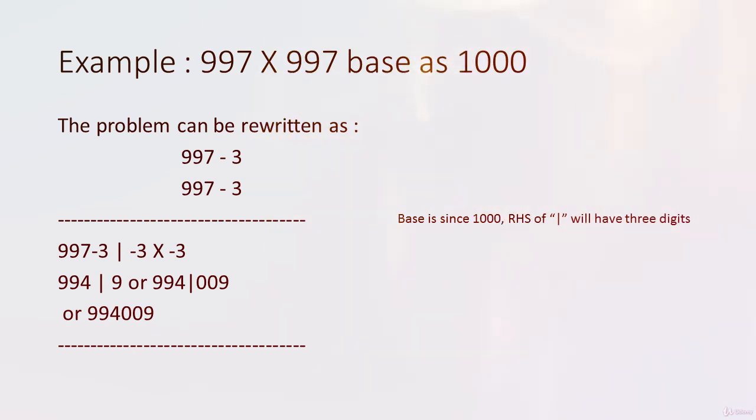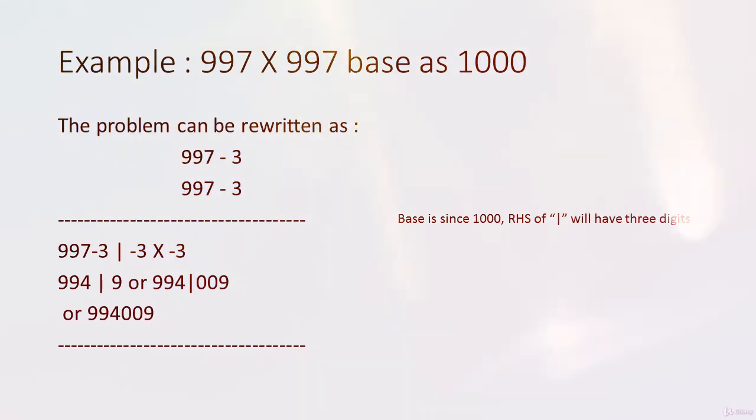We do one last example, that is 997 multiplied by 997. Both these numbers are short of the base 1000. 997 multiplied by 997 and the base we have taken is 1000. Both these numbers are short by 3.